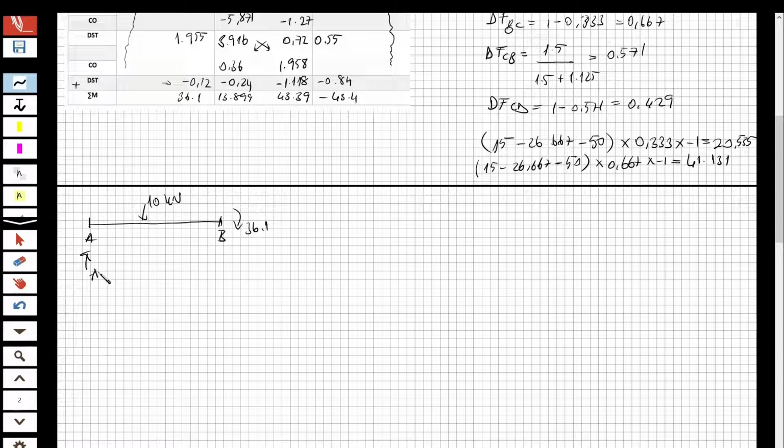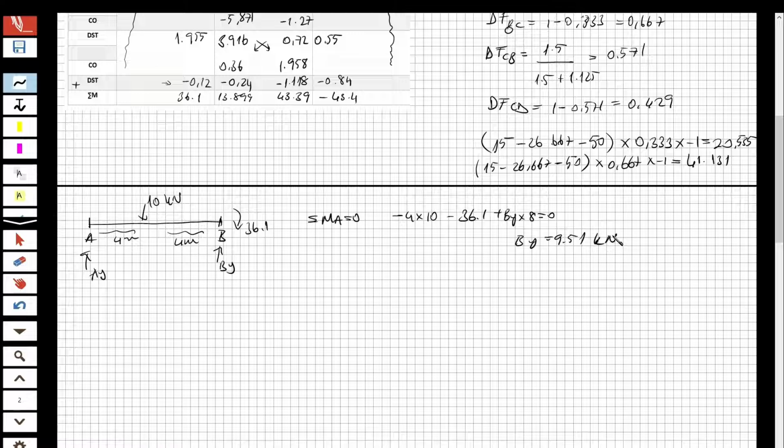We have Ay, we have By, and now I'm going to take the moment with respect to A equal to 0, minus 4 multiplied by 10. This is 4 meter. And minus 36.1, plus By multiplied by 8 equal to 0, and By is 9.51 kilonewton.